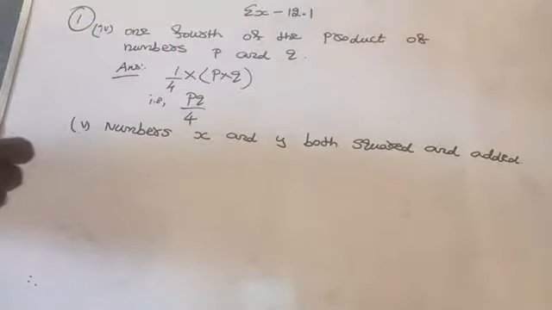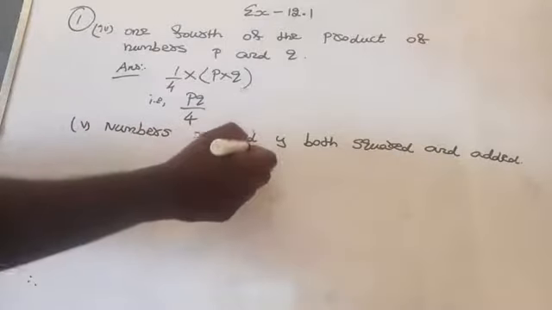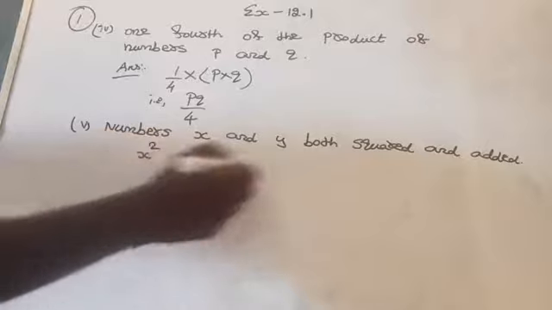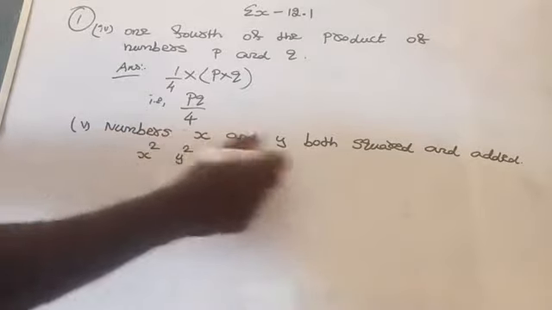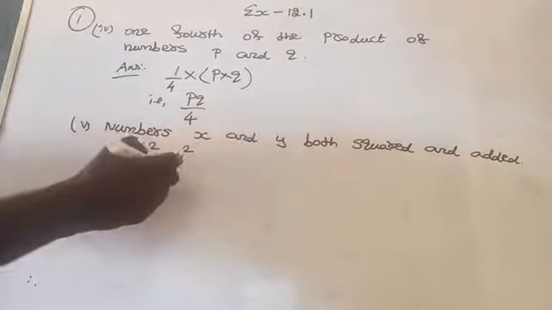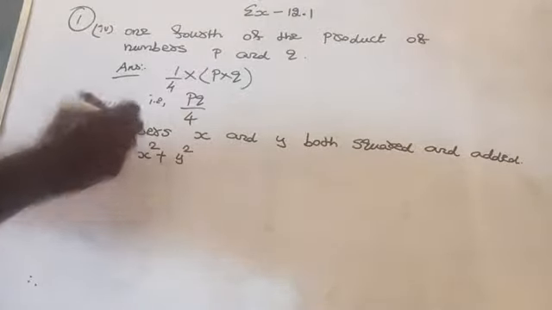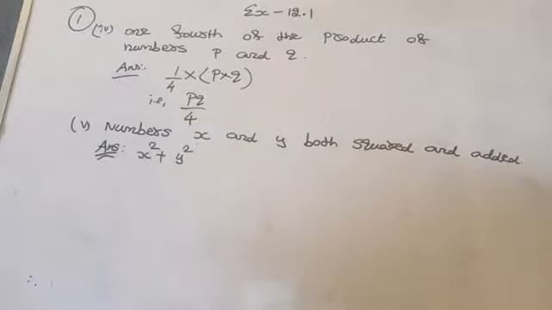So how will you write the expression? The two numbers are x and y. They asked us to square those numbers, that is x square and y square, and then add both squares. That is x square plus y square.